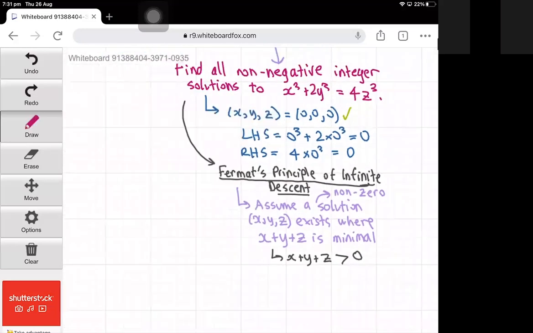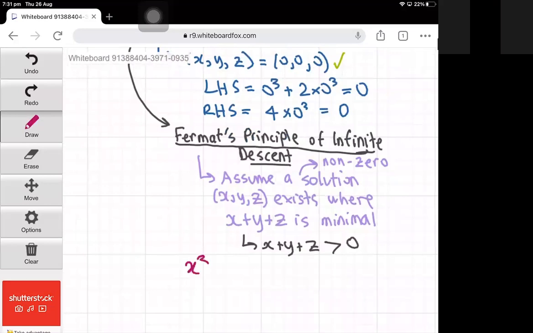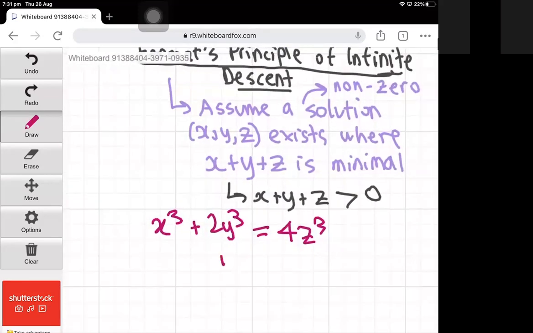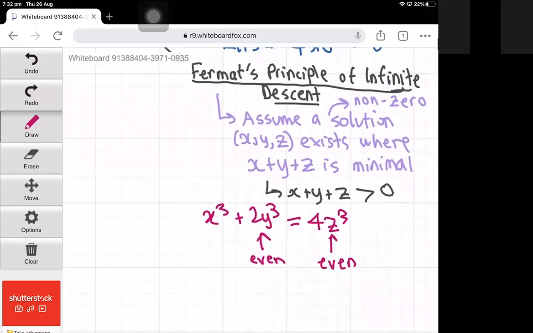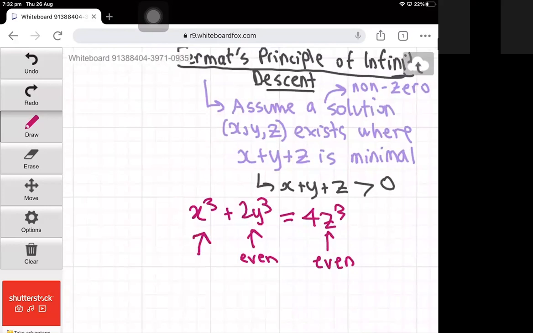If we have a look at the original equation, we can see 2y cubed is even and 4z cubed is also even. So x cubed must also be even, because in order for something plus an even number to be even, this number has to be even.